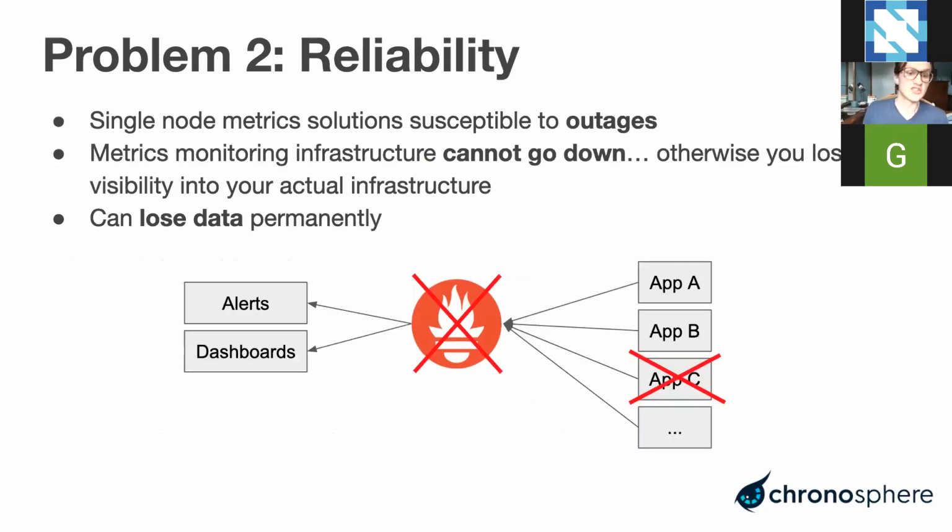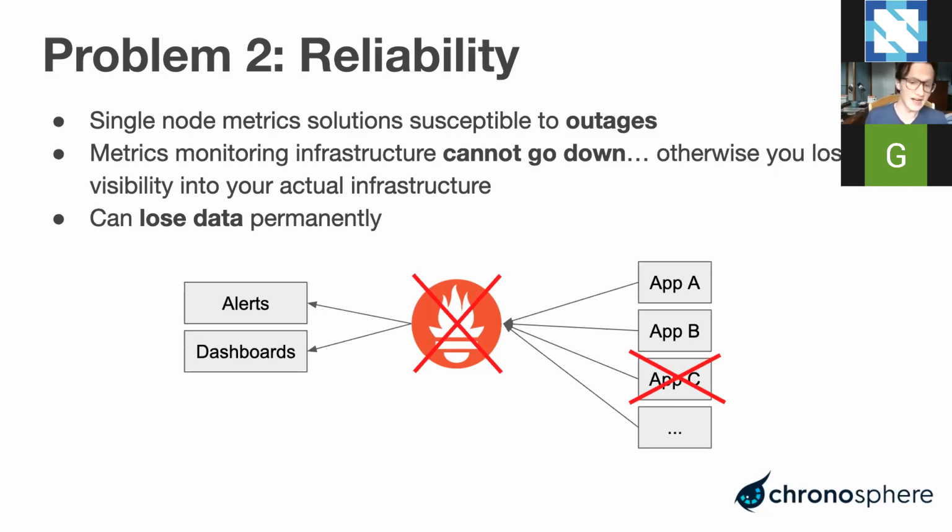So one last problem with metrics monitoring that comes about similarly to the point about limitations with single node execution is reliability.